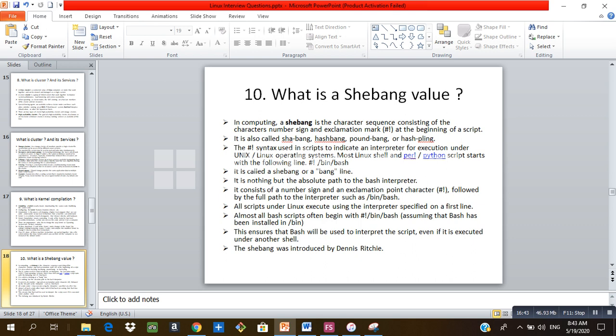Almost all bash scripts begin with hash exclamation /bin/bash, assuming that bash has been installed in the /bin directory. This ensures that bash will be used to interpret the script even if it is executed from another shell. And this is some additional information: the shebang was introduced by Dennis Ritchie, which brings us to the end of our 5 questions.